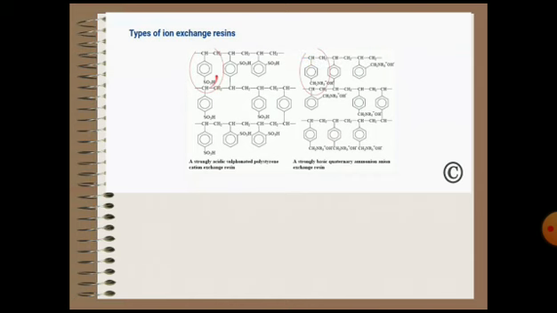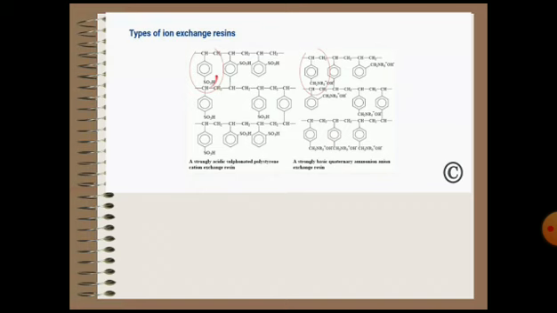Here also you can observe the quaternary ammonium group repeatedly attached to the polystyrene divinyl benzene chain. So this is a strongly basic anionic exchange resin, and for this complex, again, we are going to add anionic drug molecules. Any confusion?